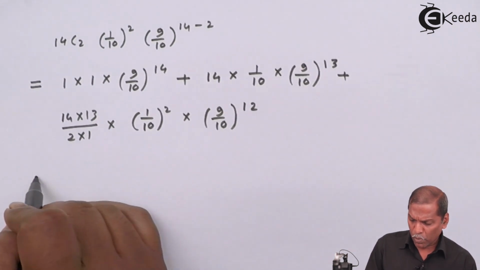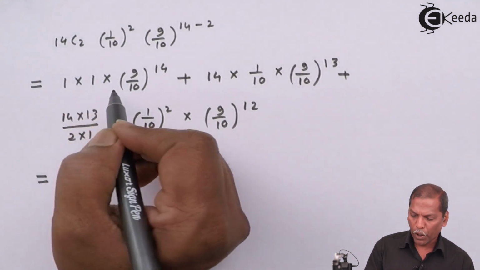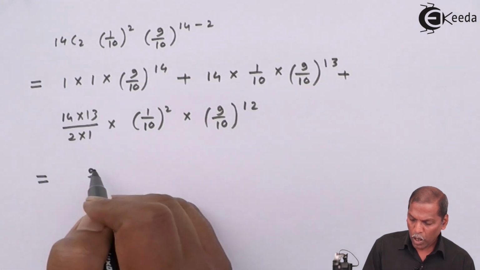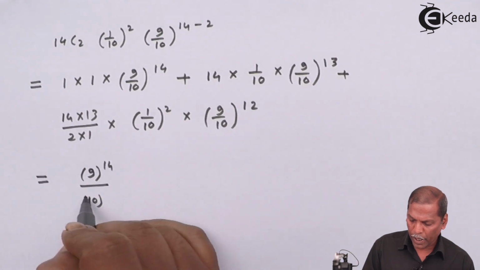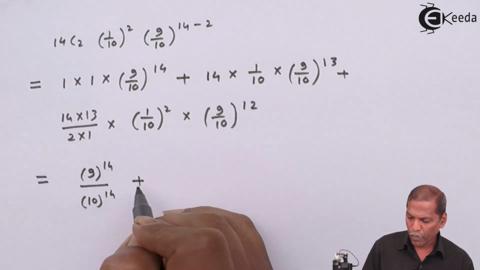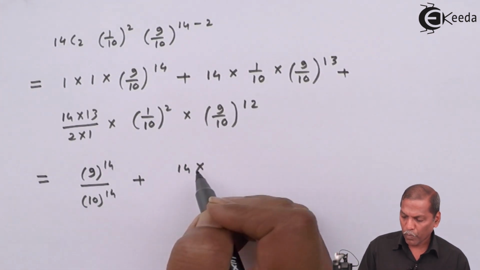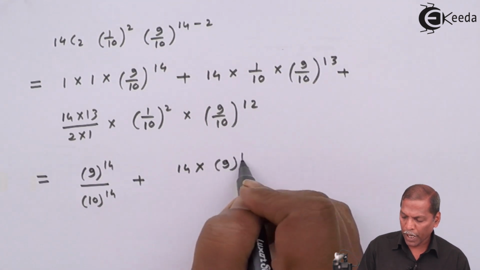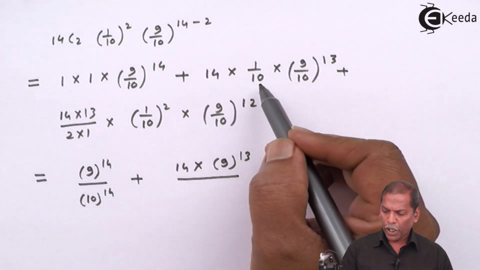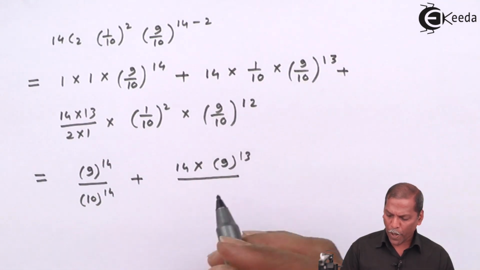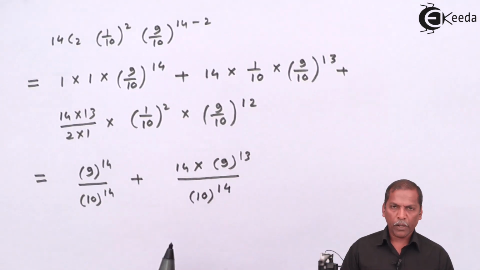So that equal to, here we have 1 into 1 into 9 raise 14 upon 10 raise 14, plus. Now here in the numerator we have 14 into 9 raise 13 upon 10 raise 1 into 10 raise 13. So that gives totally, by using the indices rule, 10 raise 14.